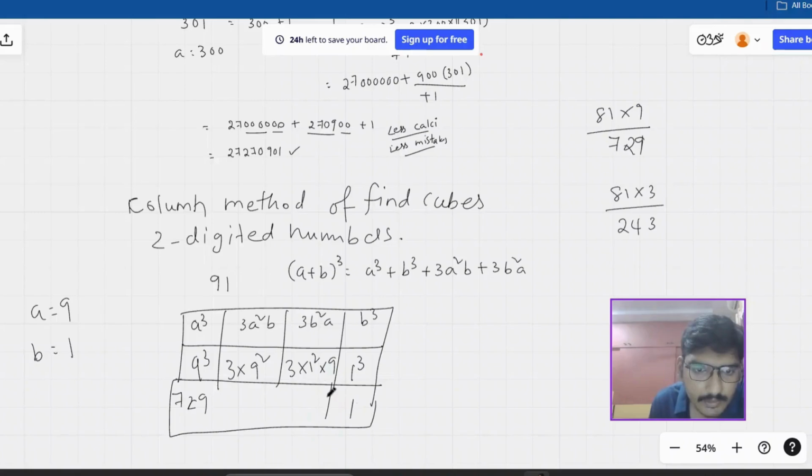After that it becomes 1, and here it becomes 3 into 9 is 27, and here it becomes 243, right?